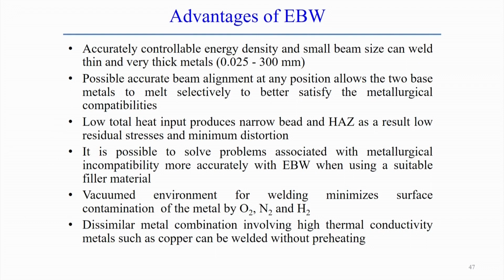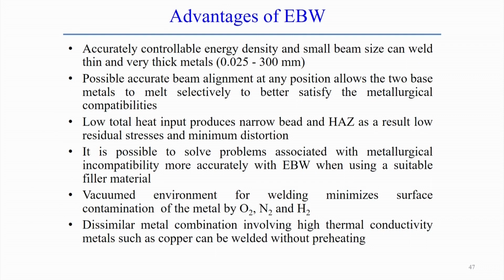The third advantage is that low total heat input produces a narrow bead and heat affected zone. As a result, low residual stress and minimum distortion are possible, because a narrow heat affected zone and narrow weld pool zone can be created in electron beam welding.